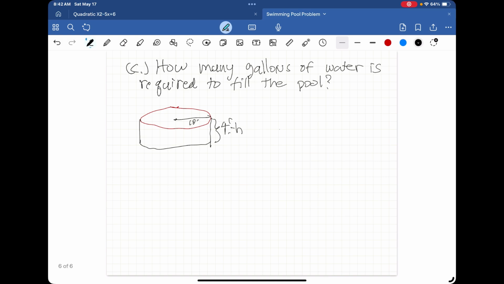So now the volume of a cylinder is equal to pi r squared times the height of the cylinder. So in this case we have pi, and the radius is 10 feet, quantity squared, times 4, so that's equal to 400 pi. Let's look at our calculator.